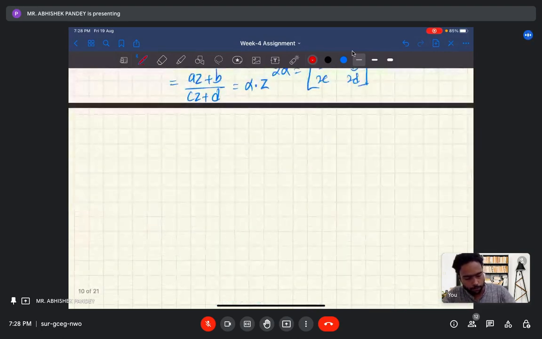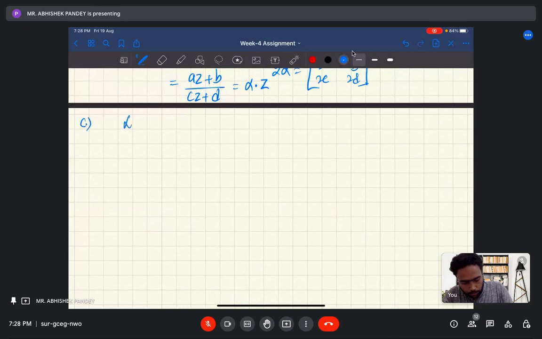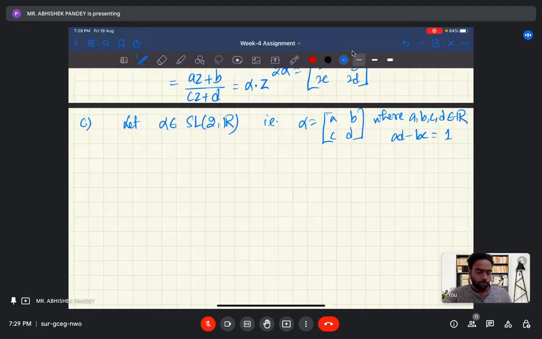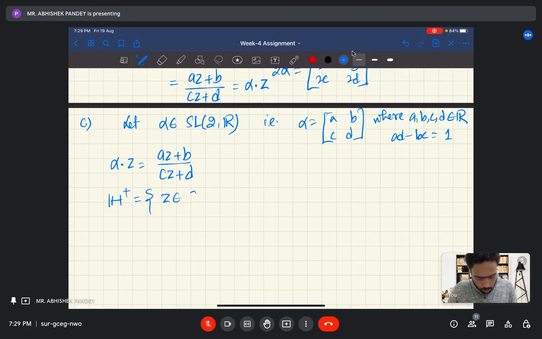So let alpha belong to SL2R, that is alpha equals A, B, C, D, where A, B, C, D belong to R and AD minus BC is 1. So alpha dot z is AZ plus B upon CZ plus D. H plus is the upper half plane, z belongs to C such that the imaginary part of z is greater than 0.